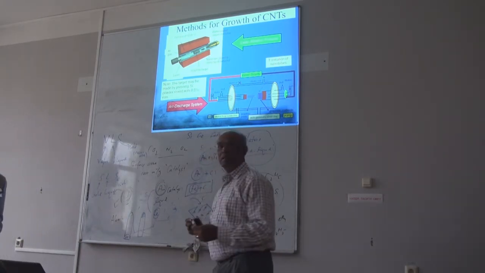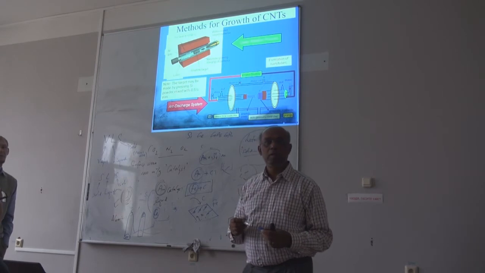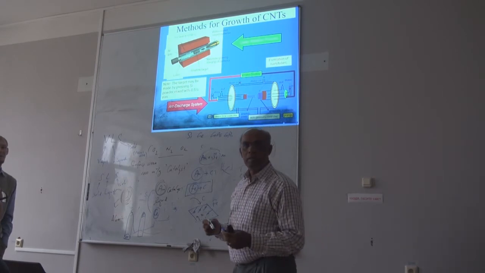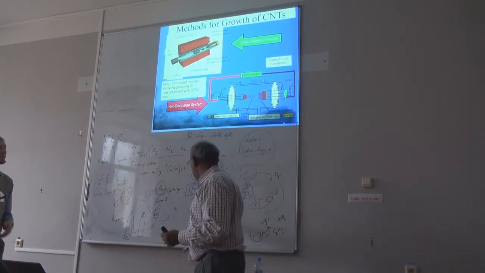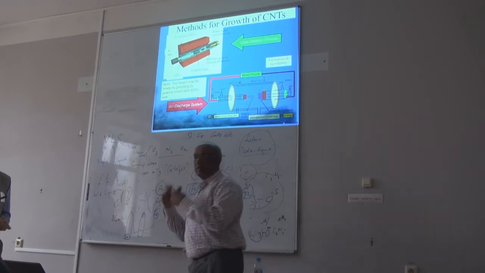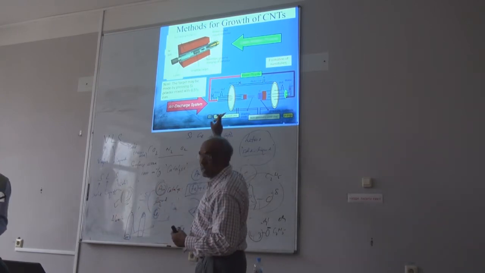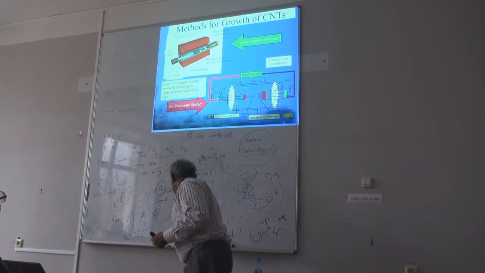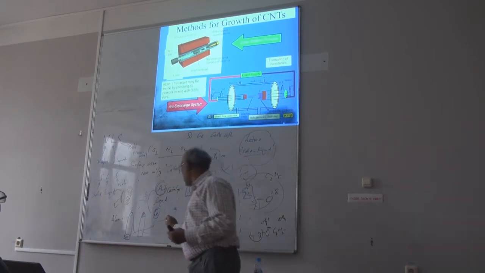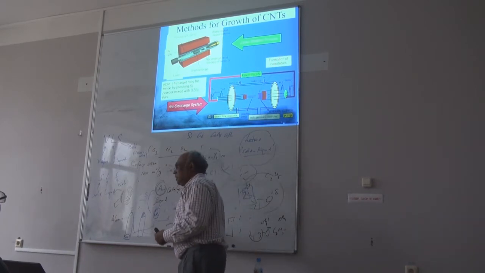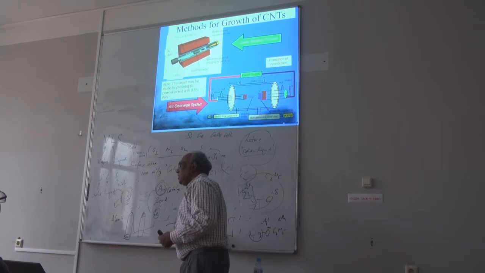Where are the nanotubes growing? On iron nanoparticles? Yes. What happens is, at high temperature iron becomes liquid. So now carbon comes and dissolves in iron.